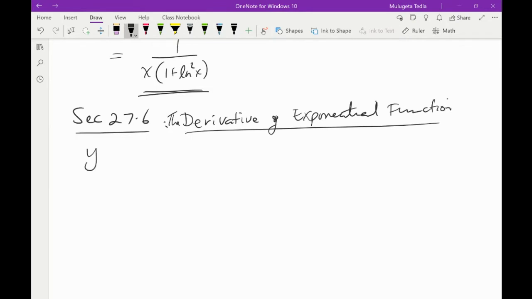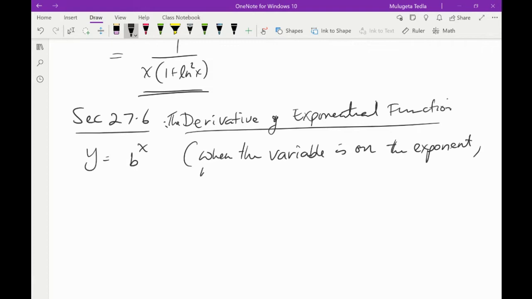So an exponential function is when, or they use b here, when the variable is on the exponent. We call the function exponential.